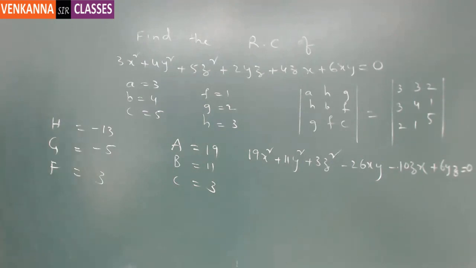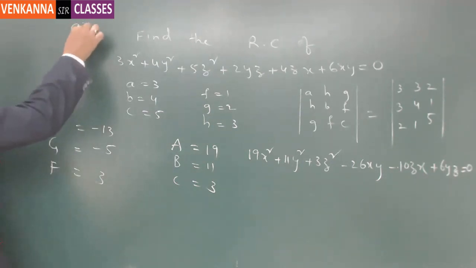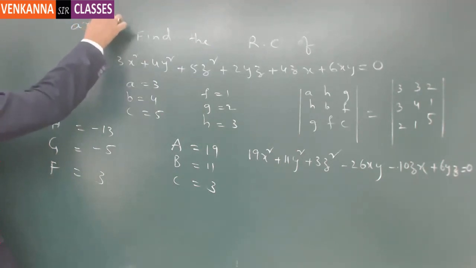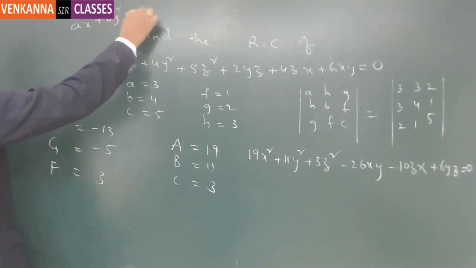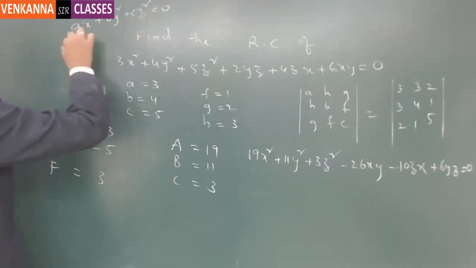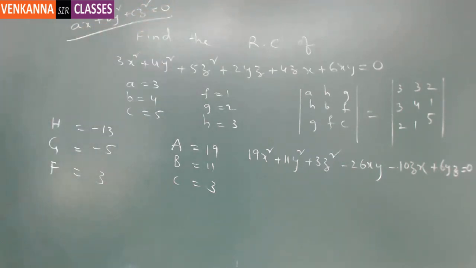Then it will be interesting for you if you do this. Suppose you take the cone equation ax square plus by square plus cz square equal to 0. Now find its reciprocal cone.